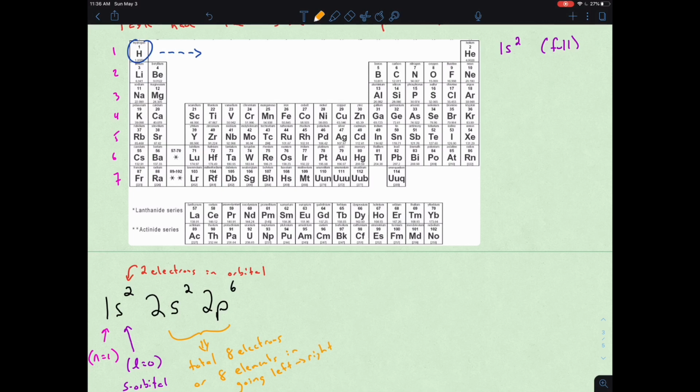So if we count up from lithium to neon, we have 1, 2, there is our 2s, and then we have 1, 2, 3, 4, 5, 6, and right there is our 2p.